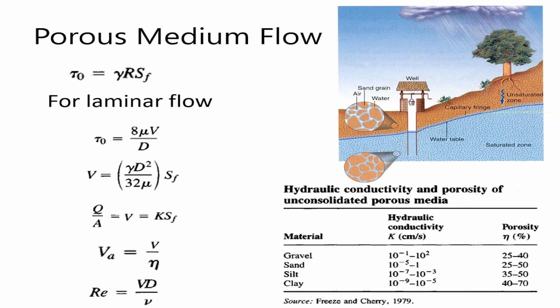This equation is applicable for laminar flow. You will be studying this equation in hydraulic engineering. This is very important, and you will learn its derivation also. Here D is the diameter of the pore, mu is the dynamic viscosity, gamma is the specific weight, and SF is the frictional slope.